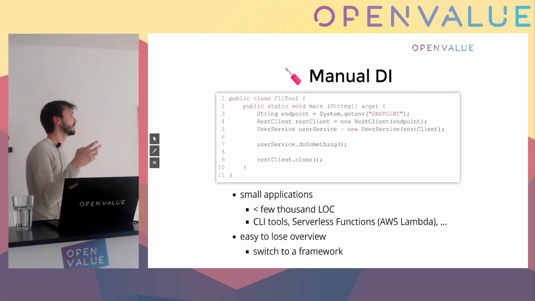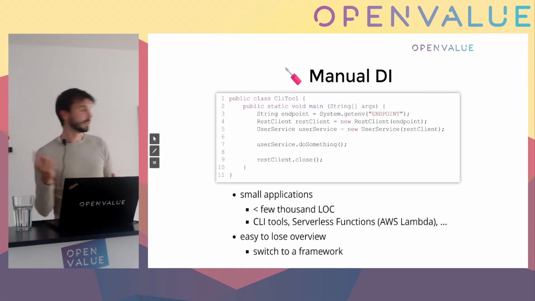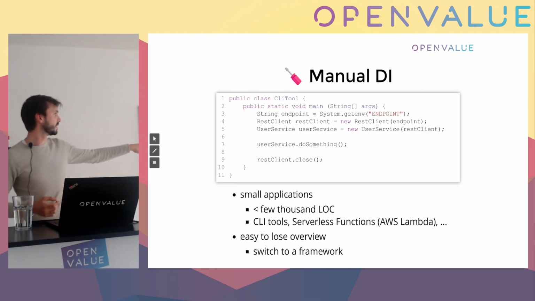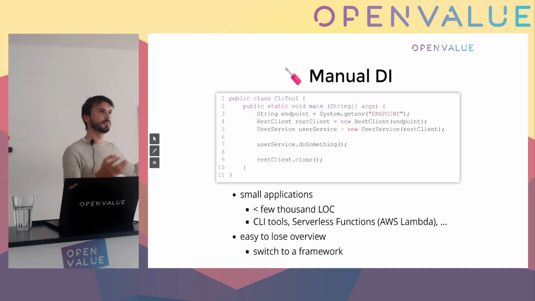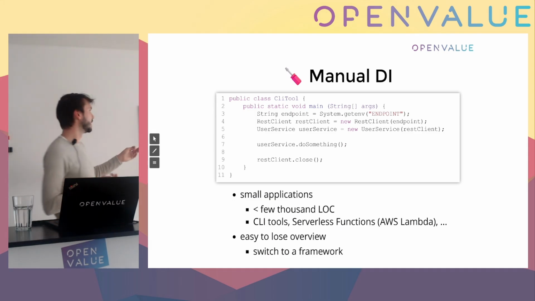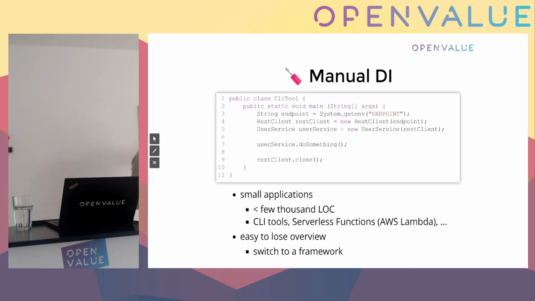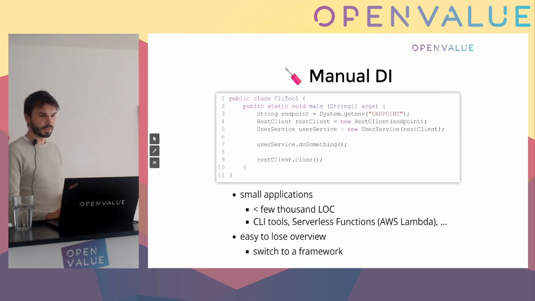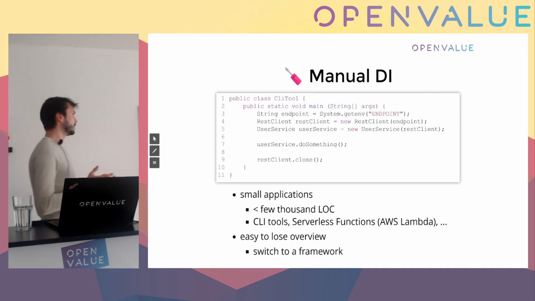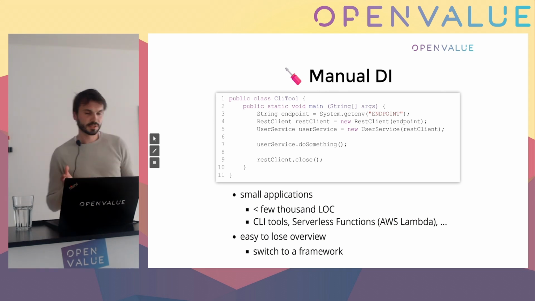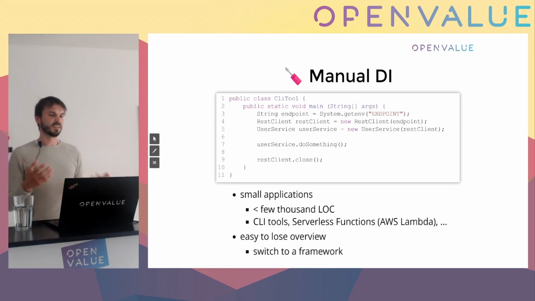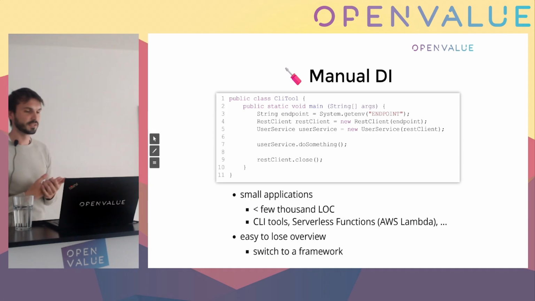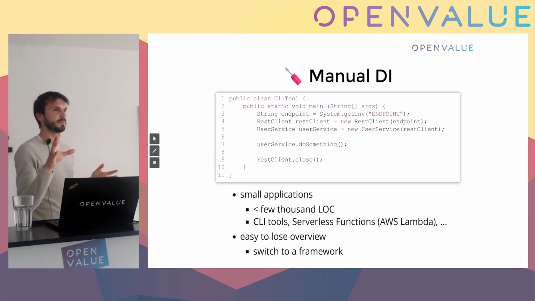Manual means we create the dependencies by hand and inject them. So here we have a small, could be C-like application, where we create the dependencies one after another and inject them, then use them, and then do some cleanup because we might want to close something. It's a nice way. It's good for small applications, but readability suffers a lot when you have more than 20, 30 dependencies.